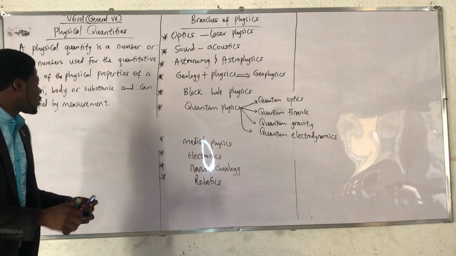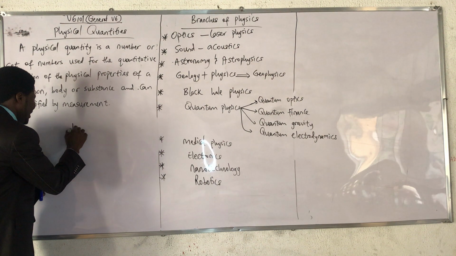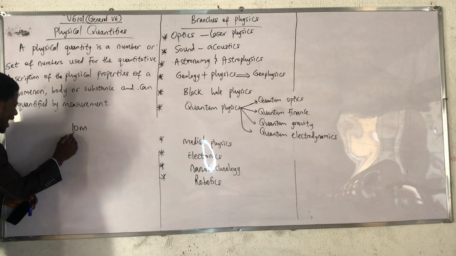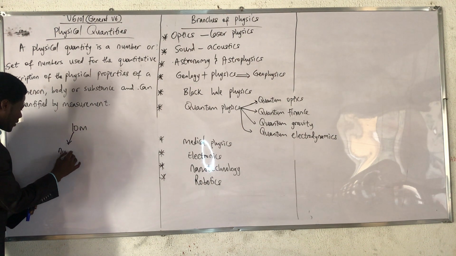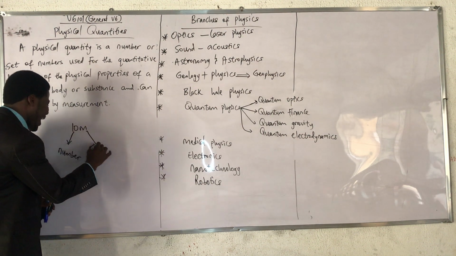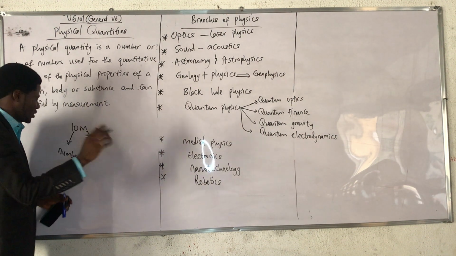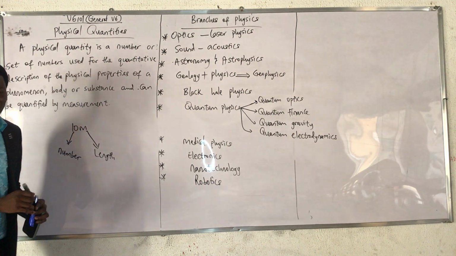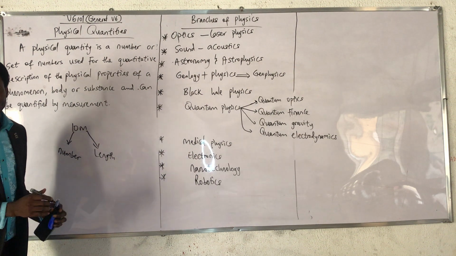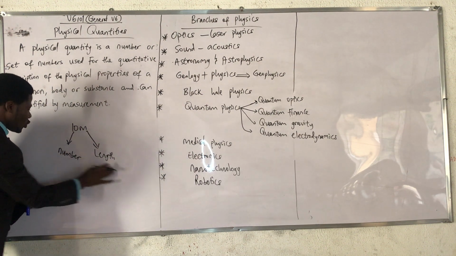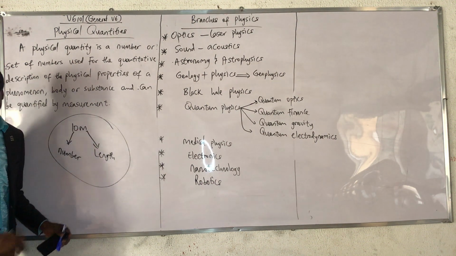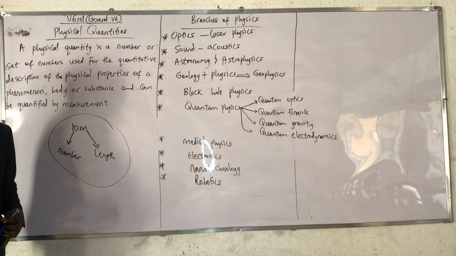But if I put units, if I say 10 meters, the 10 is the number, while the meter is pointing us to distance or length. So you know that I'm talking about length here. So the two together now make a well-defined meaning of what? A physical quantity. Are we together?